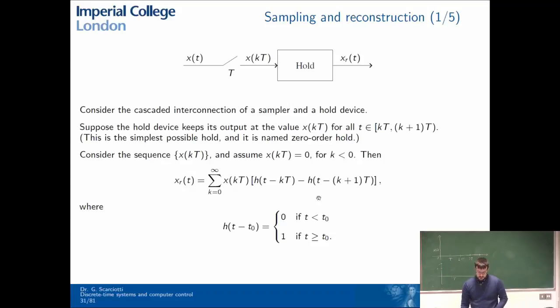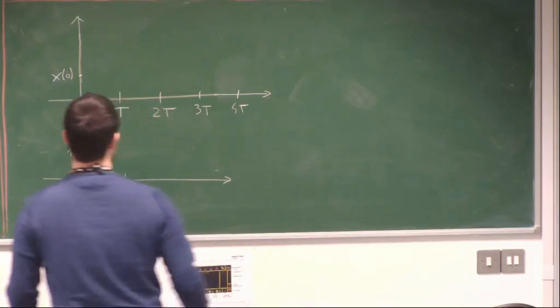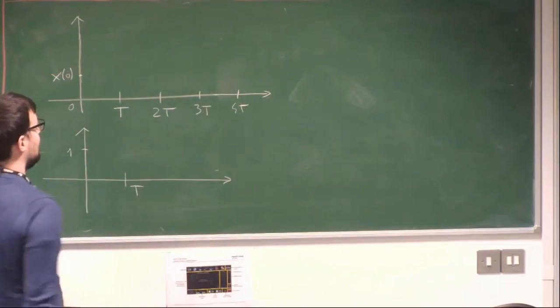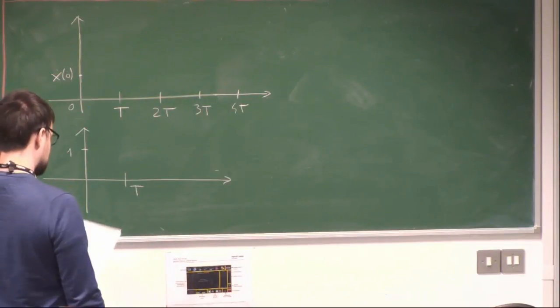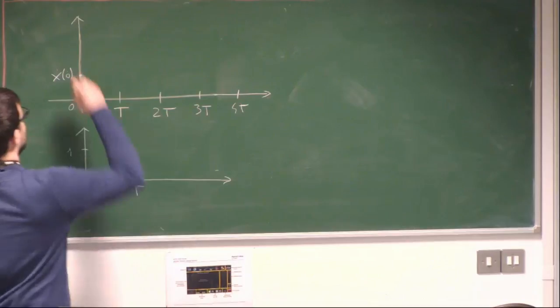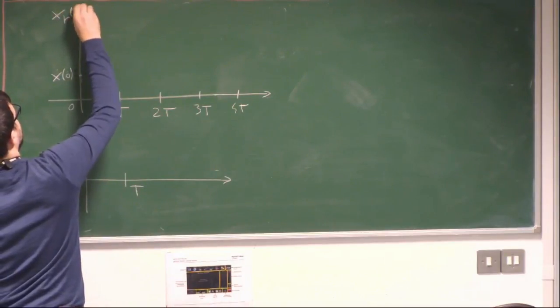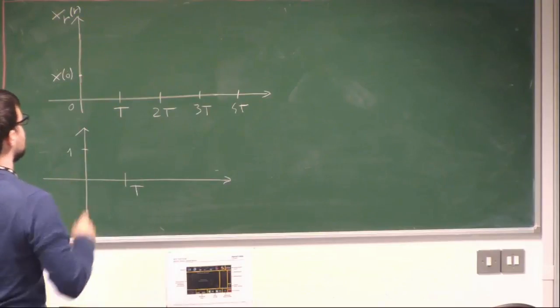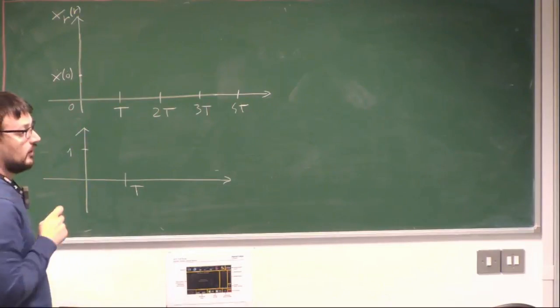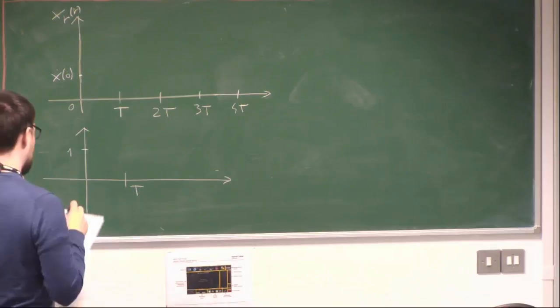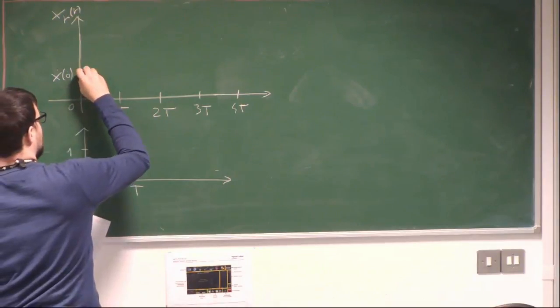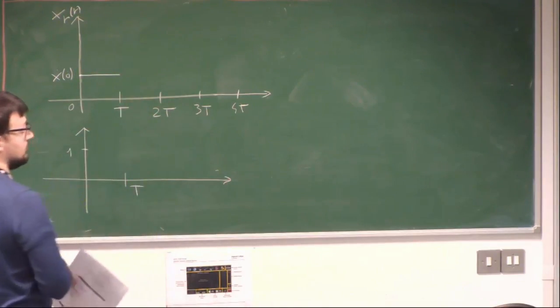So let's try to understand at the board what this means, how a hold device works. This is our time axis, and the reconstructed signal, x_r(t), is reconstructed in the following way. The hold device takes the first sample, x(0), and keeps it constant up to the next sampling time.